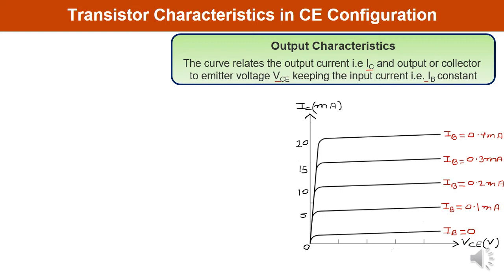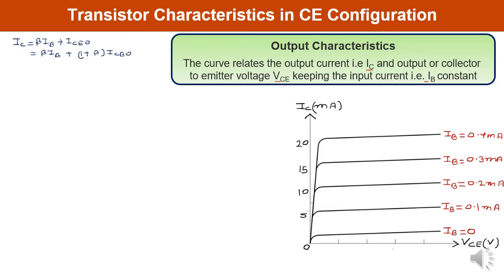You know the equation of IC, which is beta times IB plus ICEO. ICEO is the leakage current over here. So this is nothing but beta IB plus 1 plus beta times ICBO.